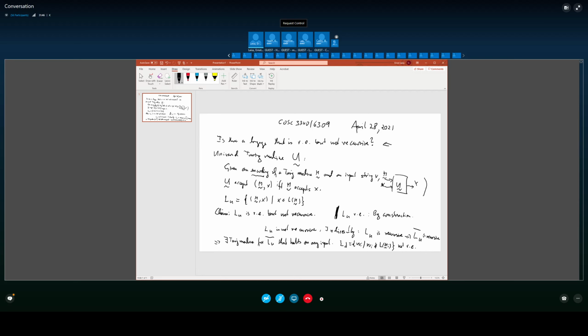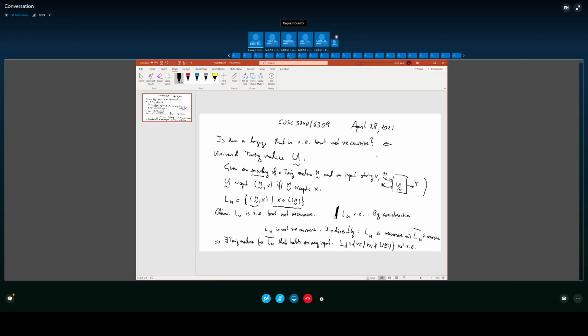So this is not RE, and if you now look at what is L sub U complement, well, that is basically the negation of that. So it would be X not in L of M, which, if you ignore the M, which is just syntactic, if you have that image of a two-tape Turing machine, then it becomes very clear that the M is not really that relevant for that purpose. It's just there to capture the enumeration.